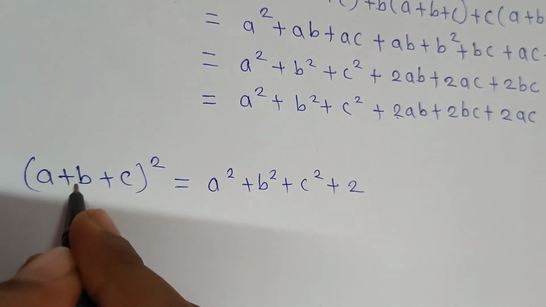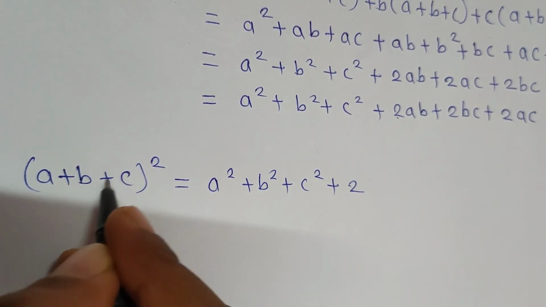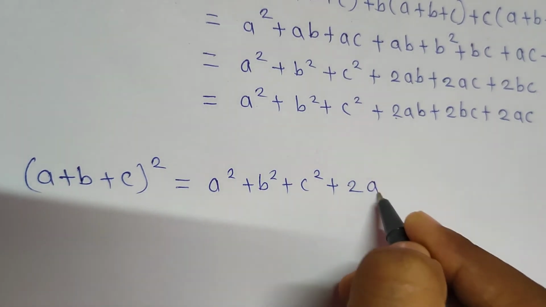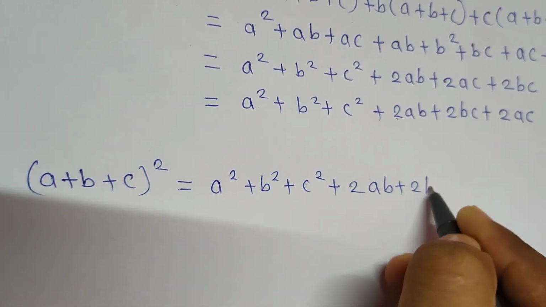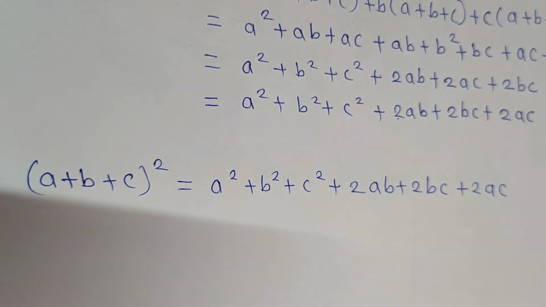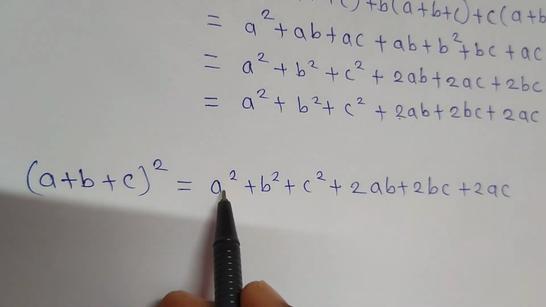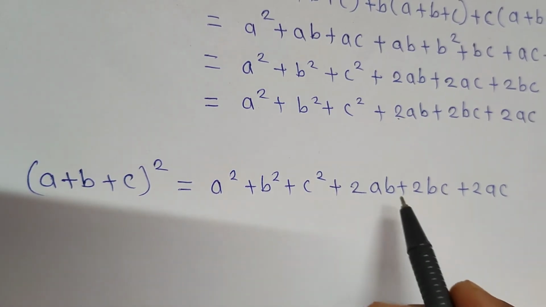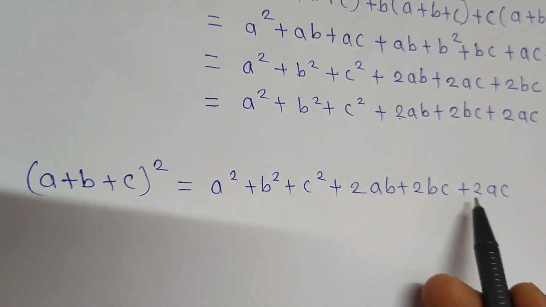First 2, then second 2, and then first and last. Simply multiply. So 2ab plus 2bc plus 2ac. We obtained the final answer. So this is your required answer: (a + b + c) whole square is equal to a square plus b square plus c square plus 2ab plus 2bc plus 2ac.